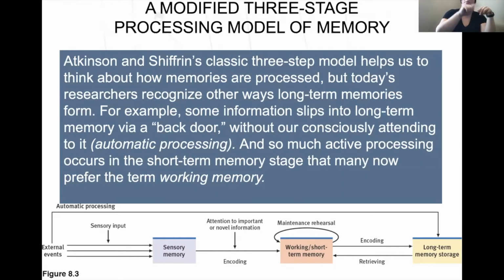Some memories automatically process into long-term memory storage. This also takes into account the maintenance rehearsal process. It's why we sort of moved from short-term memory to working memory, because of that active working process to encode or keep that information in your memories in your brain.